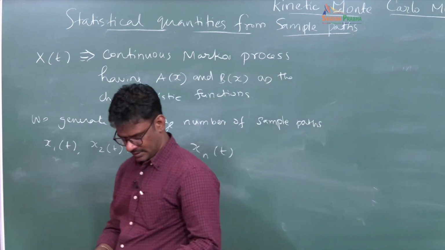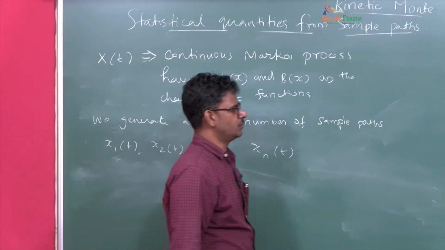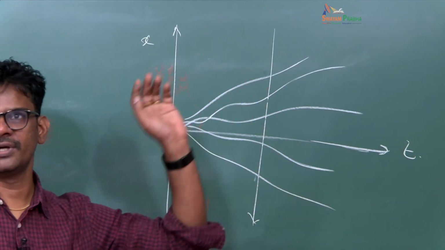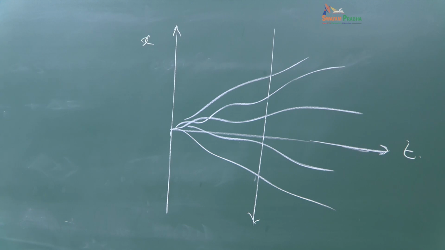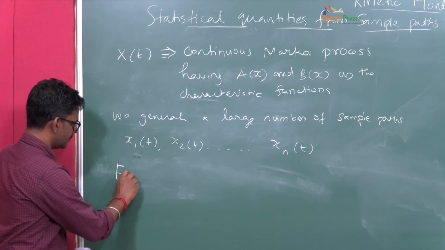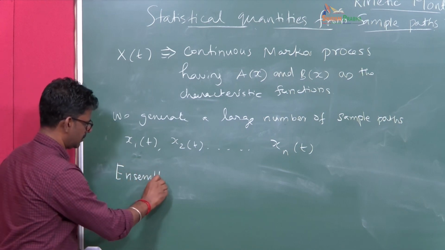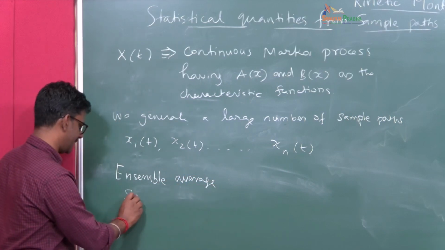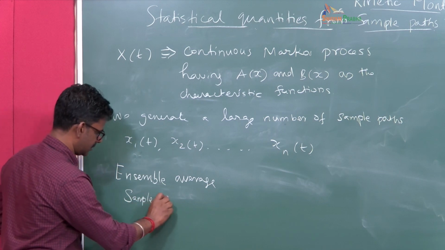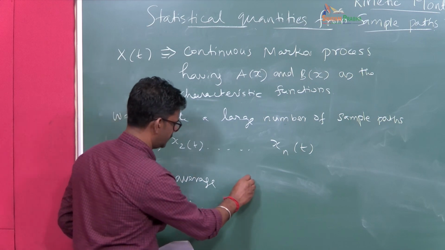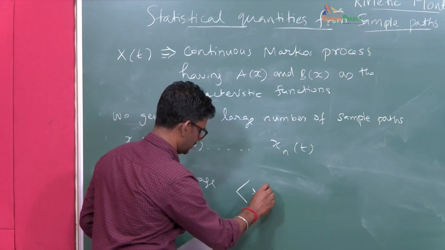Okay. And t could be anything, you can actually choose t wherever you want, at t tending to 0 or very long time, whatever it is. So then we call what is called the ensemble average, or you could say a sample average, with the symbol X of t.